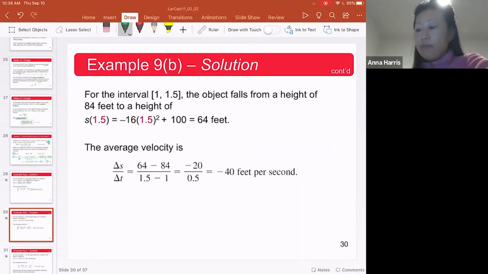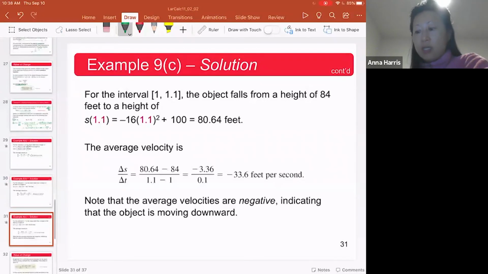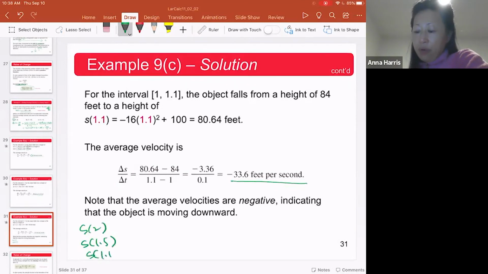For 1.5, you get 64 minus 84, and you get negative 40 feet per second. For 1.1, you get negative 33.6 feet per second. So what do you see? Let's think about it for a minute. I had S of 2, S of 1.5, and S of 1.1.